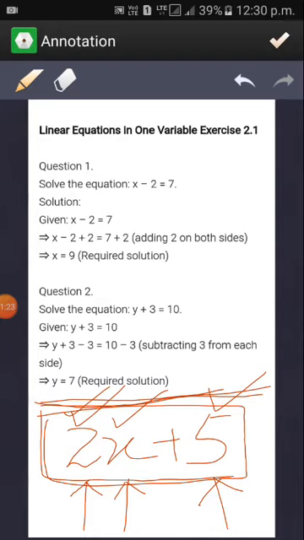This expression, which involves constant terms and variables separated by signs plus or minus, we call it an algebraic expression.